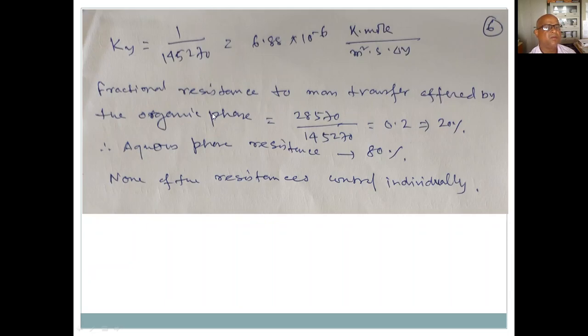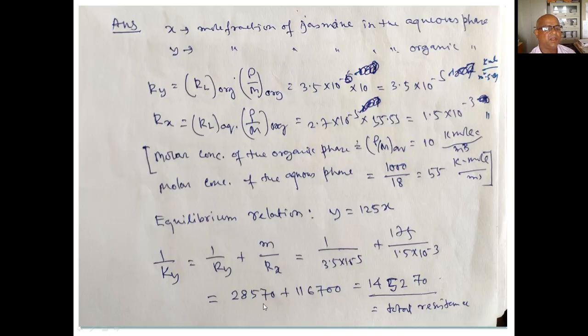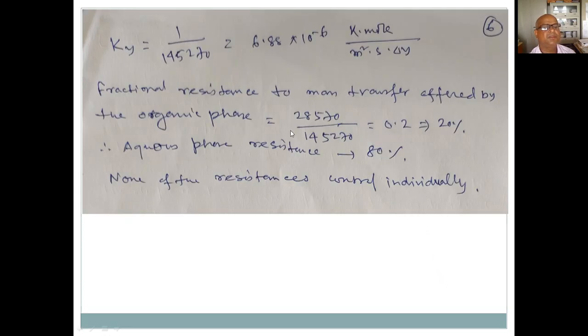Now the fractional resistance to mass transfer offered by the organic phase. This is the total resistance, and the organic is this by this. So this by this equals 0.2, so 20%. So the aqueous phase resistance is 80%. So neither resistance controls individually, but the contribution of the aqueous phase is more.